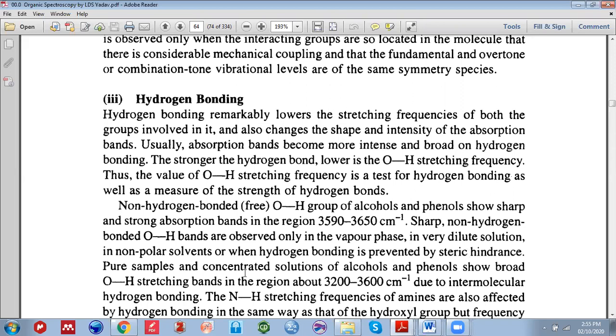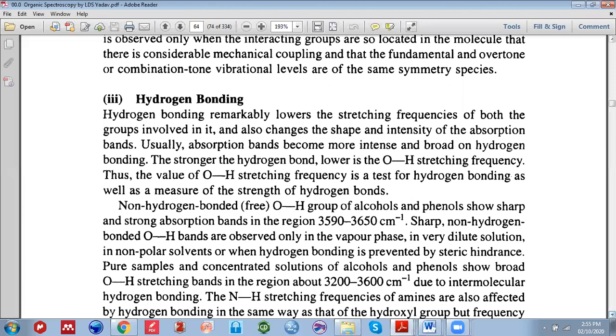Pure samples and concentrated solutions of alcohol and phenol show a broad OH stretching band in the region of 3200 to 3600 cm inverse due to hydrogen bonding.